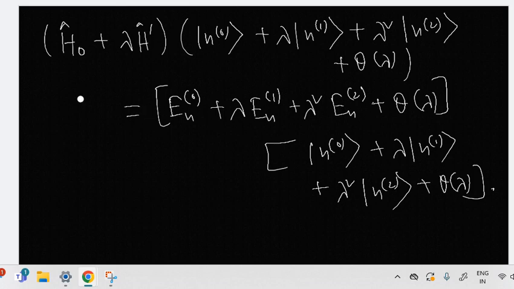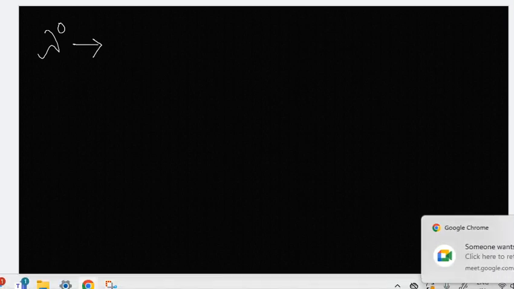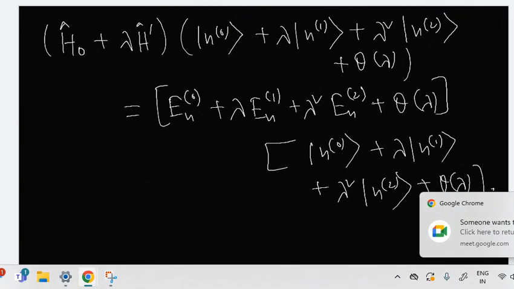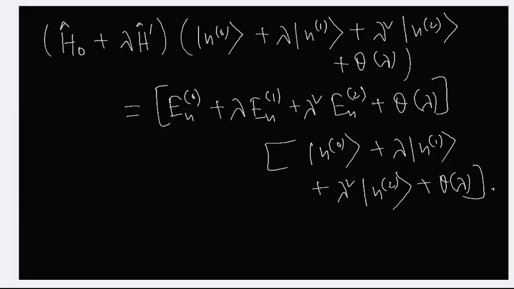So you can equate the coefficients of different power terms. Collecting the coefficient of lambda to the power 0, from here you have H naught of n naught, which is the only term having lambda to the power 0.